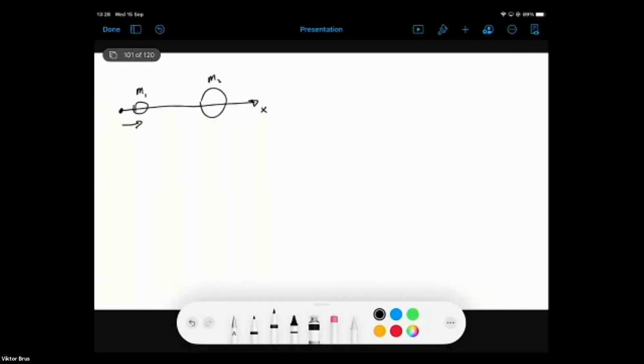The position of body M1 will be given by coordinate X1. The position of body M2 will be given by coordinate X2. And our goal is to define where the center of mass will be located.